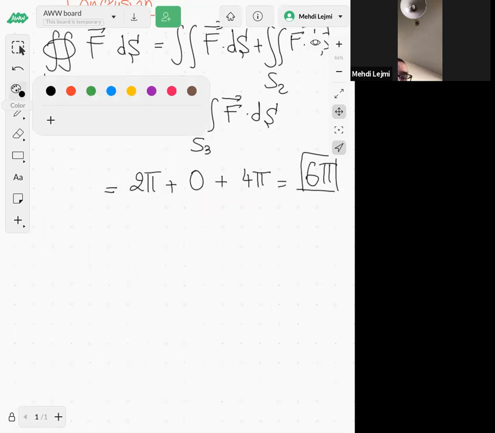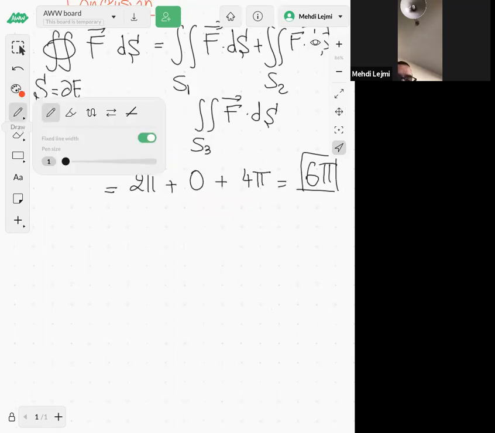So now, I forgot how I noted the first part. So this is the second part of Gauss theorem, the second part.